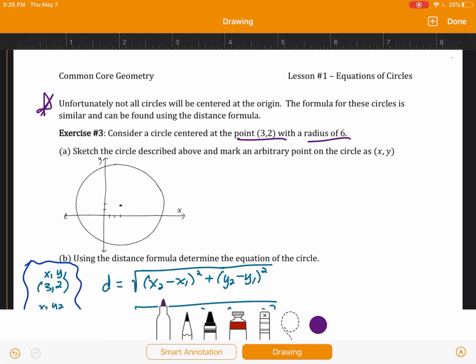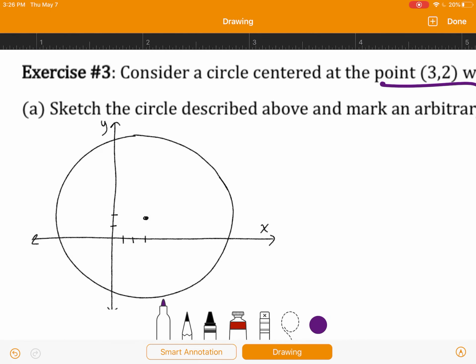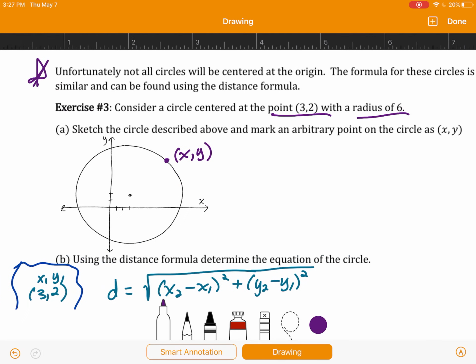So what we're going to do is start with a random point on the circle. I'm going to put it right here, and it's x, y. I don't know what the x value is, I don't know what the y value is, but any point on the circle can be written as x, y. We're going to use the distance formula to find the equation of the circle.